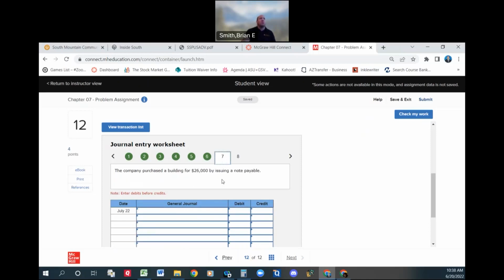And then the company purchased a building for $26,000 by issuing a note payable. Building 26,000, notes payable. And then the last one, company paid salaries. No, not any journal. Okay.